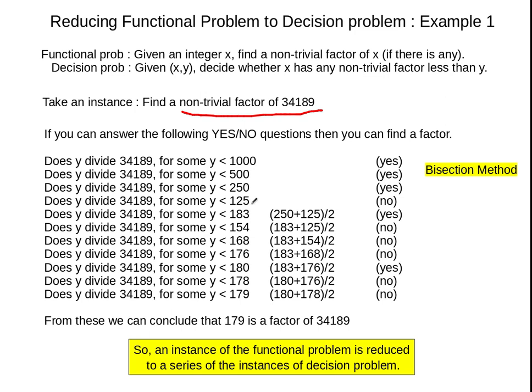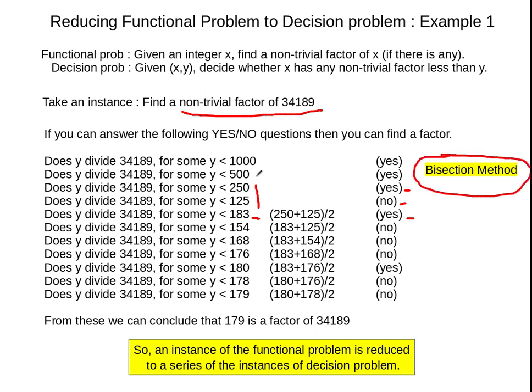Here the answer is no, so it changes from yes to no. So you know that a non-trivial factor must lie between 250 and 125. You take a middle point and ask again. Now the answer is yes, so a non-trivial factor must lie between this value and the previous lower bound. It's precisely the bisection method.